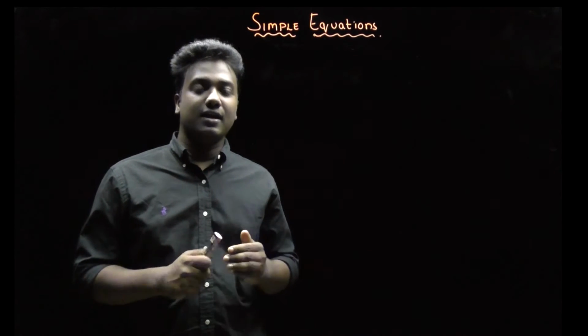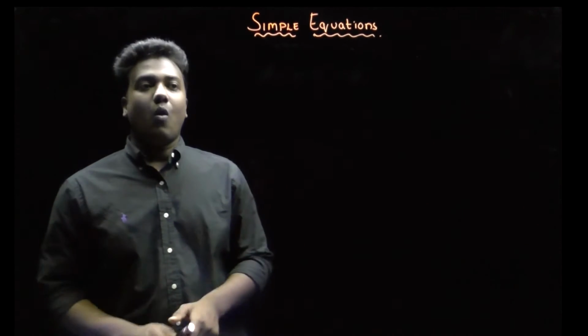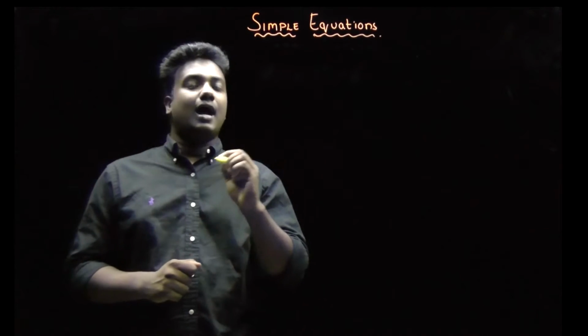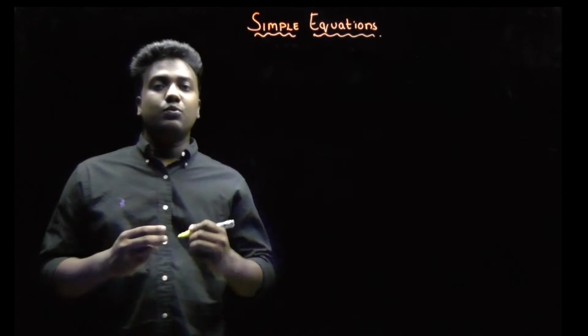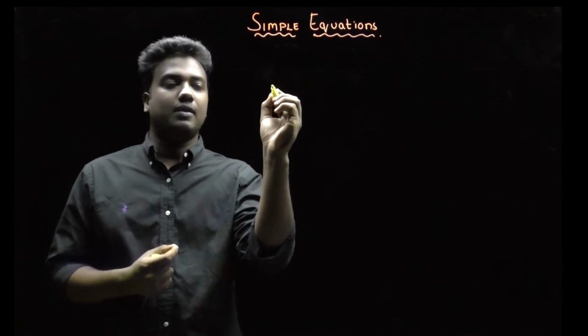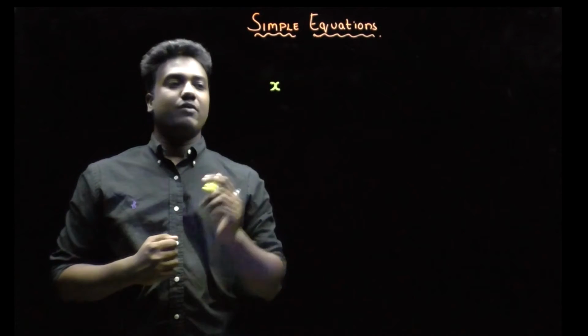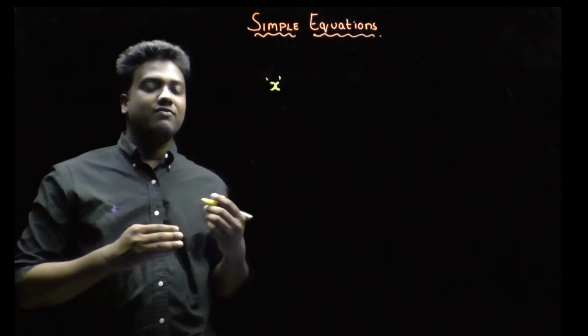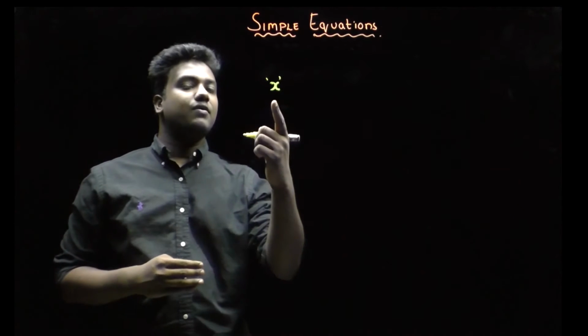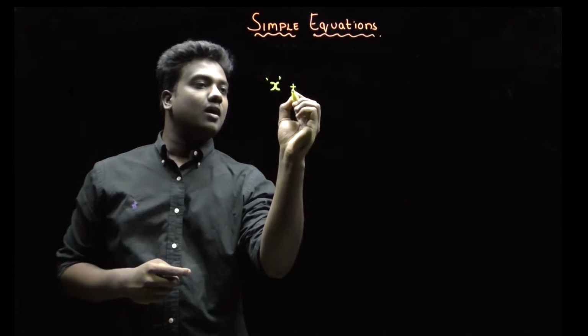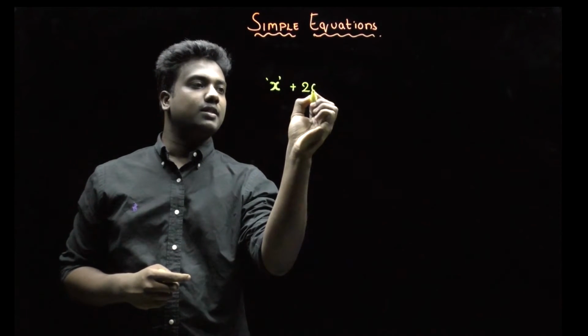Now how has it been done? Let me show you. I have considered the value which you have chosen as a variable, a variable x. I instructed you to add 20 to this variable in the initial case.